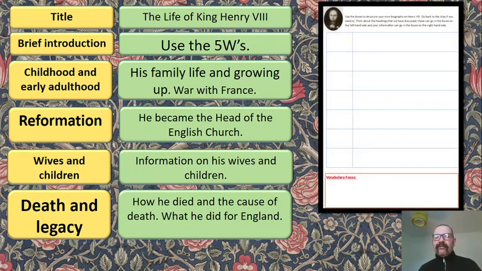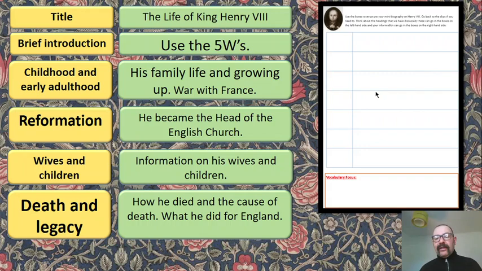So if you look in resources, there is a planning grid, a boxing up grid for you to use. So you can put your subheadings on this side of the grid, okay, down there, and there's one extra because you might want to do something else or include your own form of planning or subheading, and then there's space for you to write in your information.